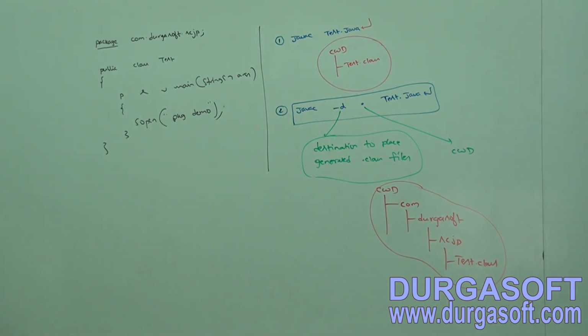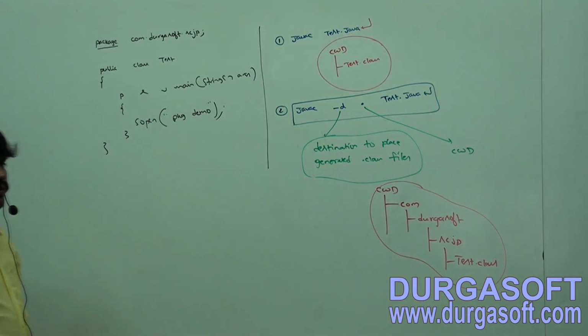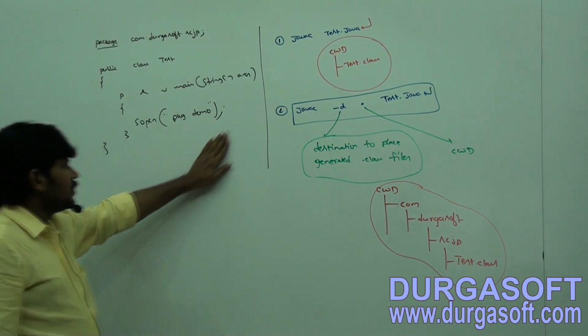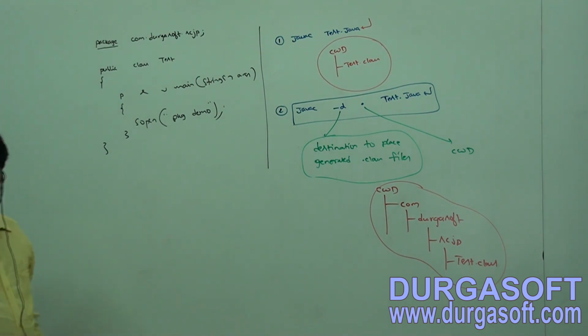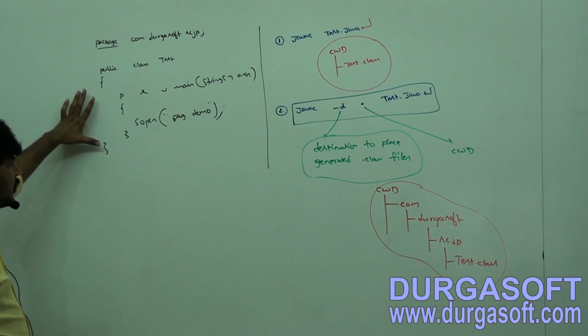Public static void main, SOP of package demo. Are you able to understand, right? Up to this is clear.